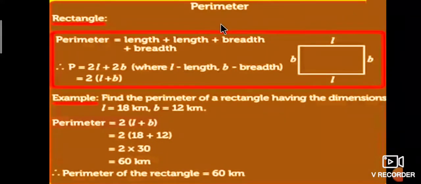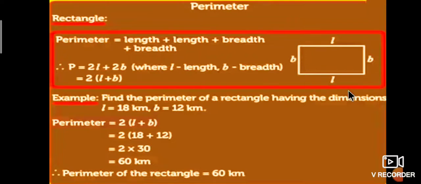The perimeter of a rectangle is equal to length plus length plus breadth plus breadth. It has four sides. A triangle has three sides, a rectangle has four sides.